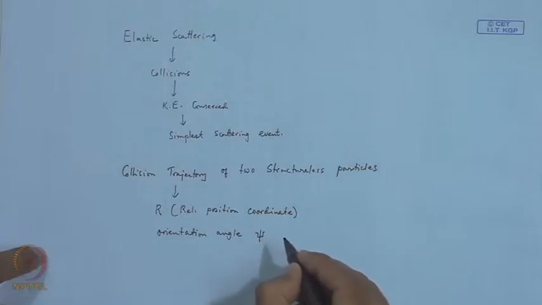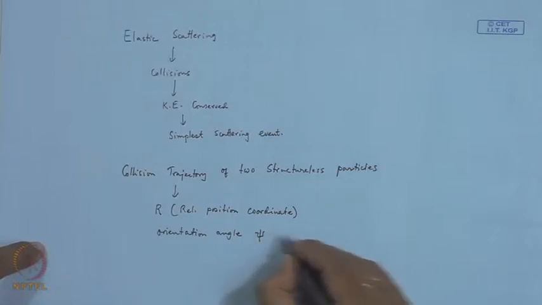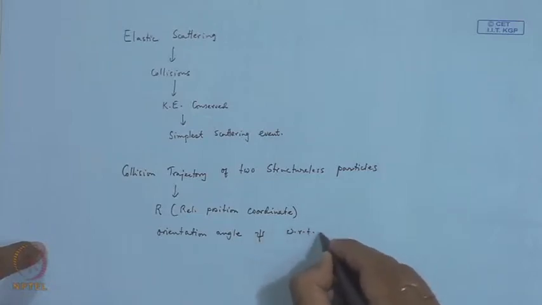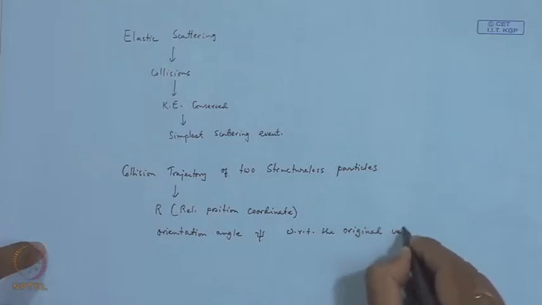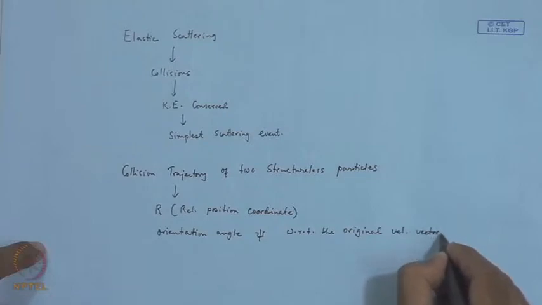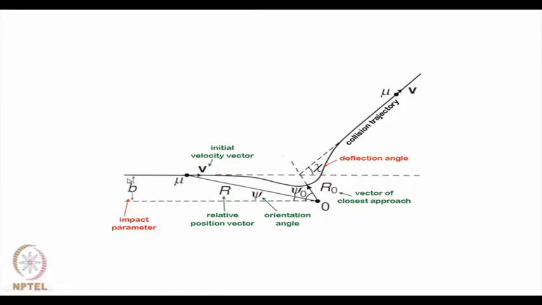And that is with respect to the original velocity vector. Let us see what that is. You see here, this is the impact parameter and this is the trajectory.